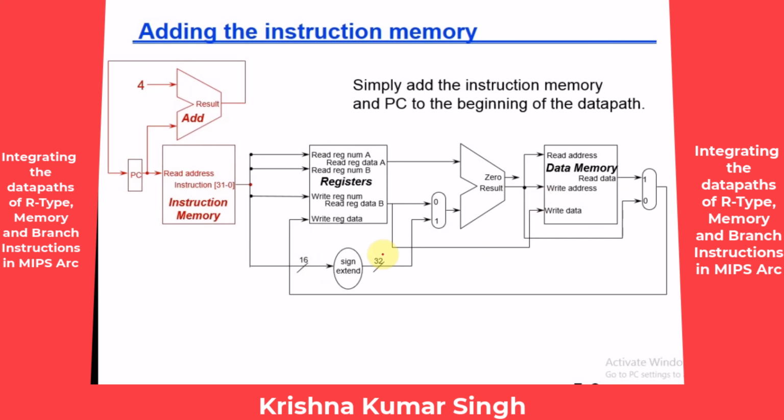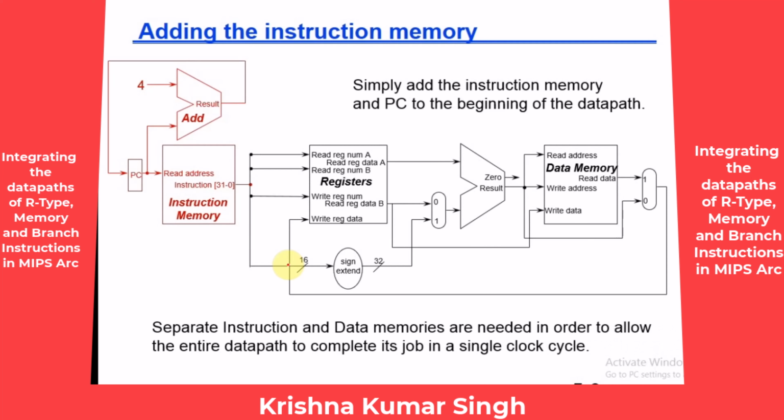As we said in the previous part, since we want to complete each instruction in one single clock cycle, we have to use two different types of memories, one for instructions and one for data. As you can see here we have two types of memories. We assume that all of the instructions are here and all of the data are in a separate memory.